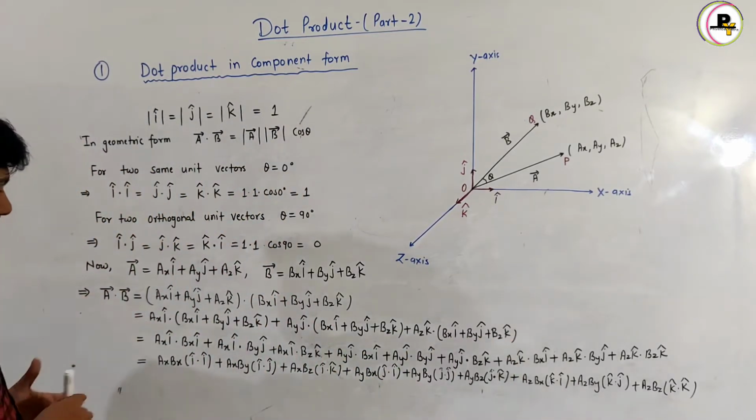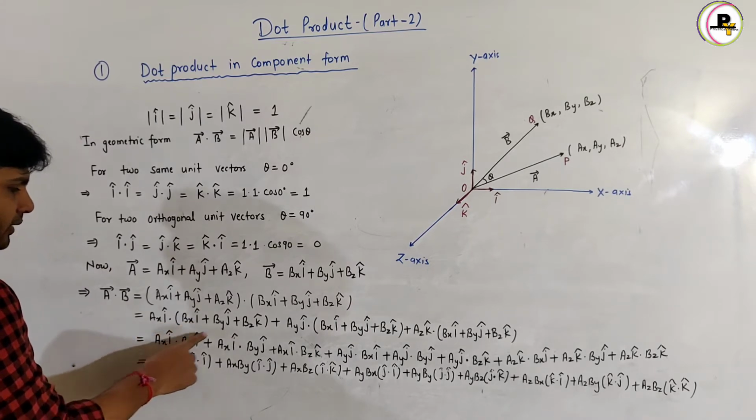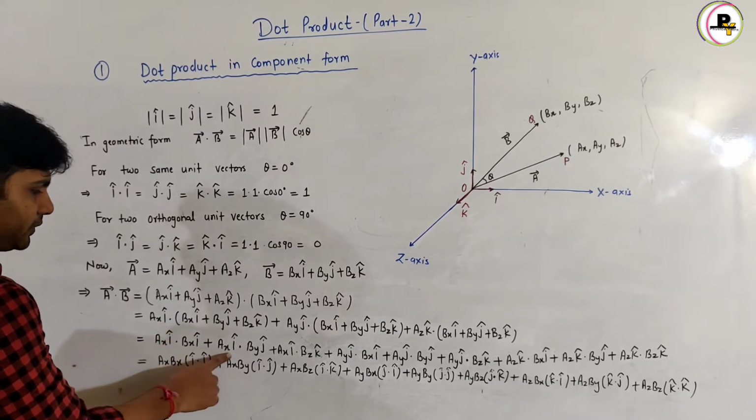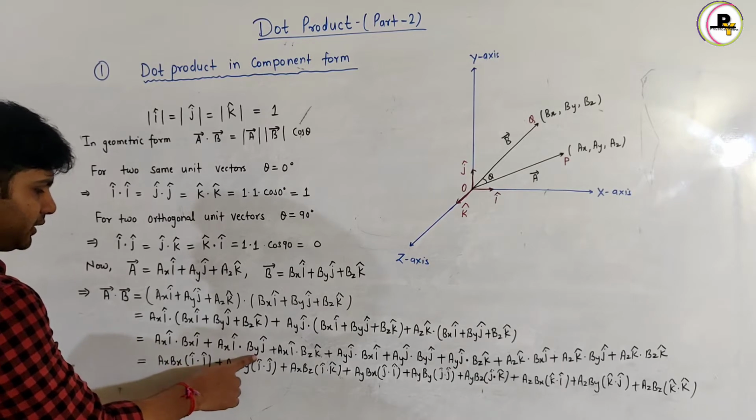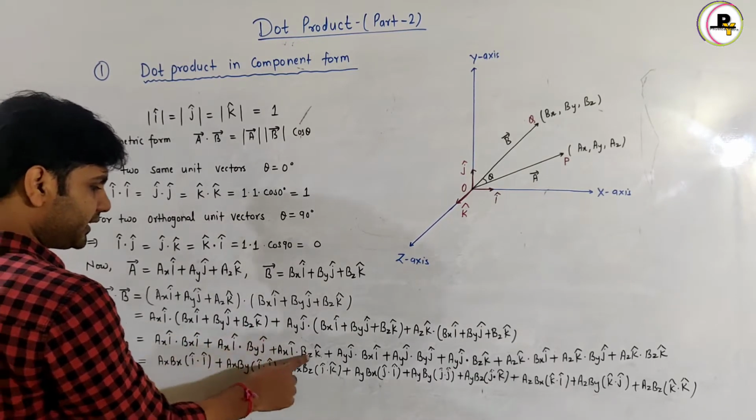Now let's open the brackets: AX i cap dot BX i cap plus AX i cap dot BY j cap plus AX i cap dot BZ k cap.